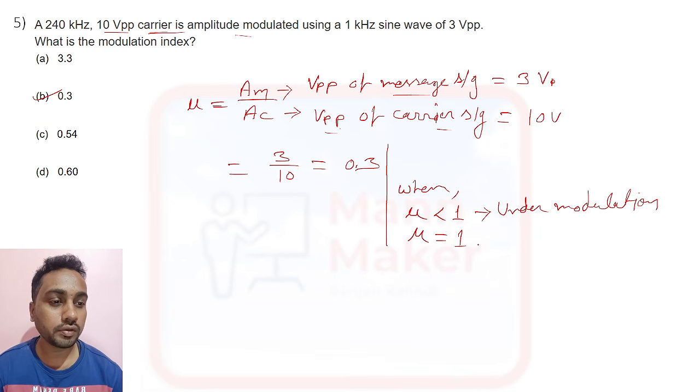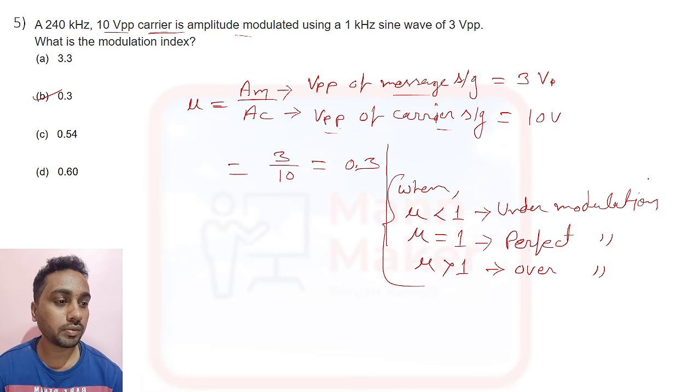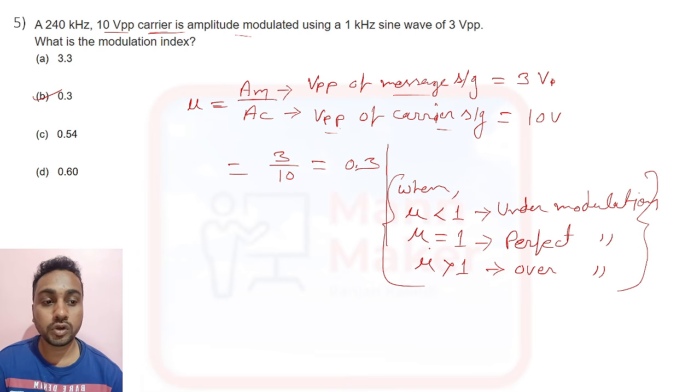When mu is equal to 1, it is called perfect modulation, and when mu is greater than 1, it is called over modulation. So you need to remember these 3 points. Sometimes they will ask: if modulation index is 1, what kind of modulation is it? You have to answer perfect modulation.